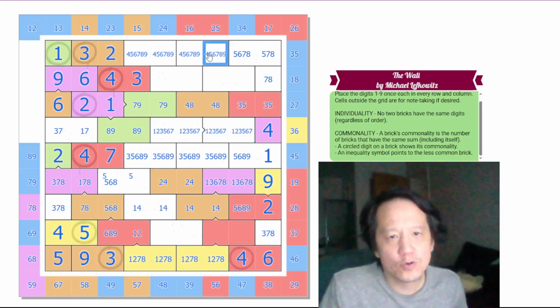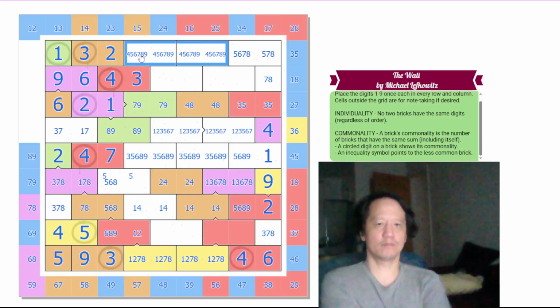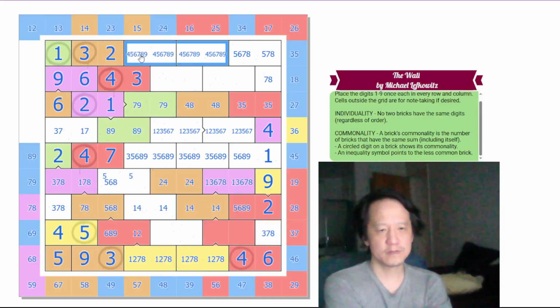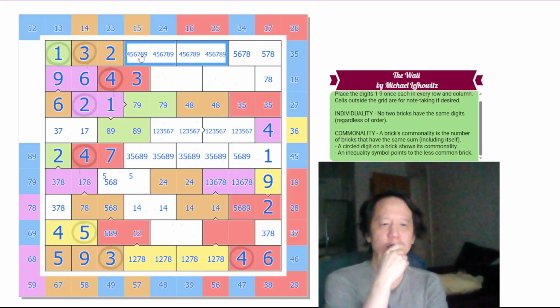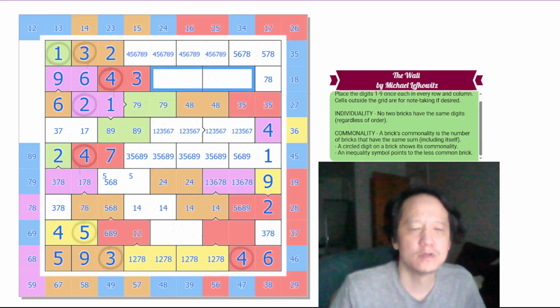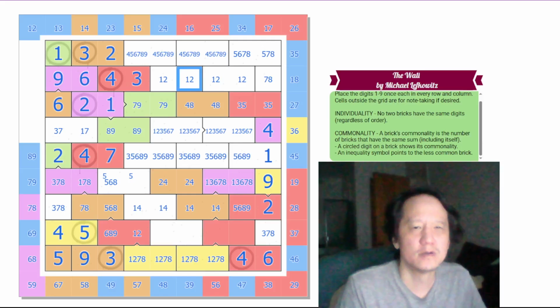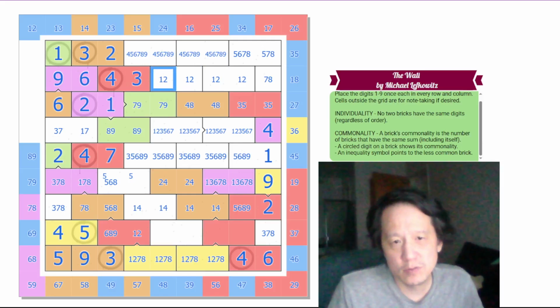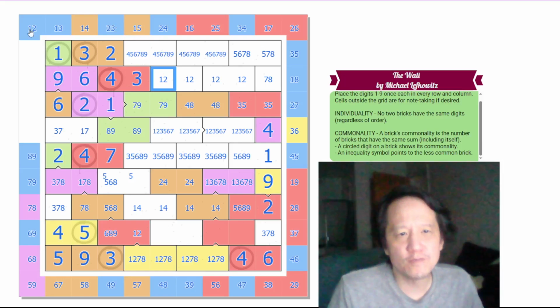So we have 4, 9 here. That leaves 5, 6, 7, 8 as the remaining digits. What can you not have? I don't think there's anything, right? Okay, so then this is 1 and 2. They have to be separated. 2, we already have 1, 3, 4, 7.